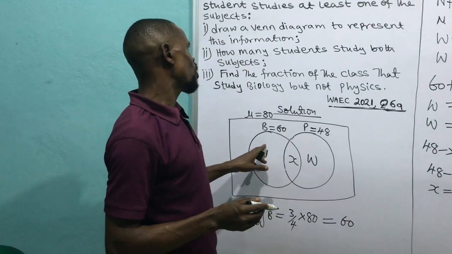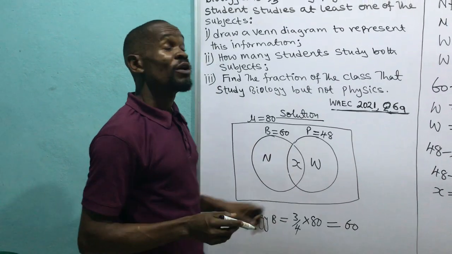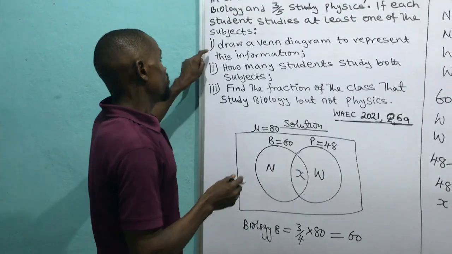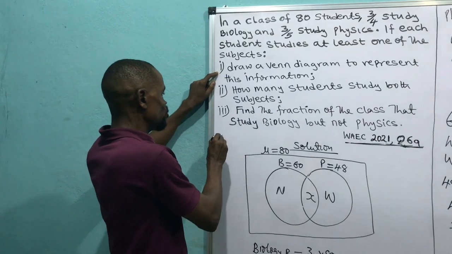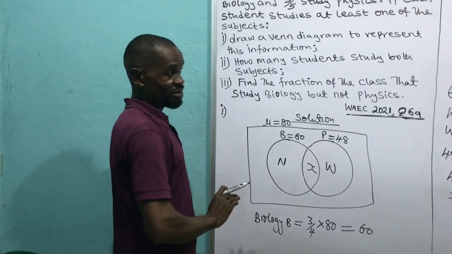study both physics and biology. The first question is that we should represent it in a Venn diagram. Look at the Venn diagram. Are you getting what I'm saying now?